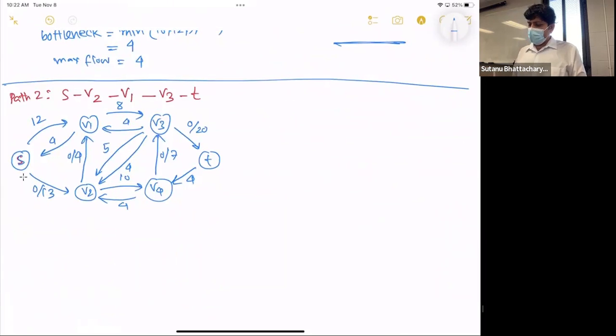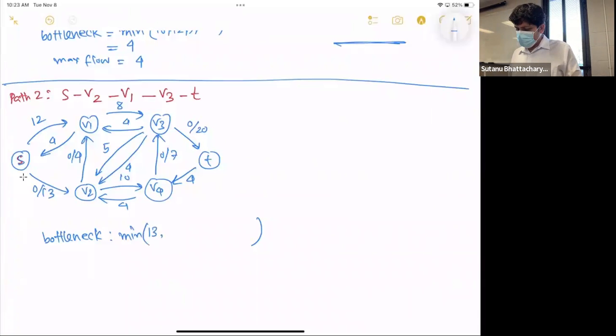Now we have chosen S, V2, V1, V3, T. So what is the bottleneck? So bottleneck would be minimum of their remaining capacity. So S to V2, what is the capacity? 13, yeah, it is unused.